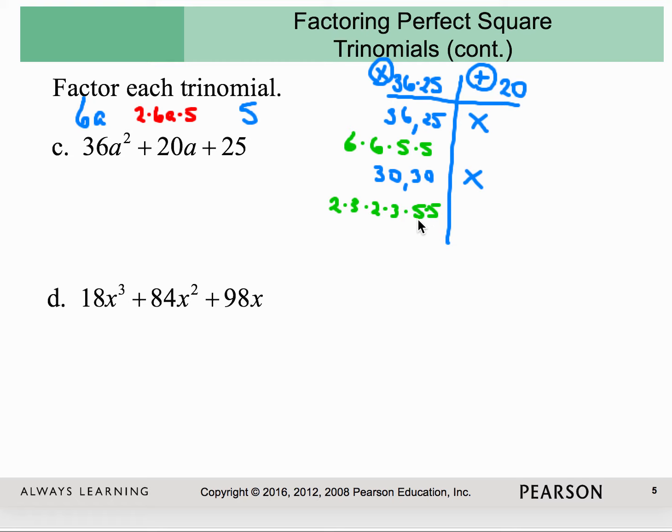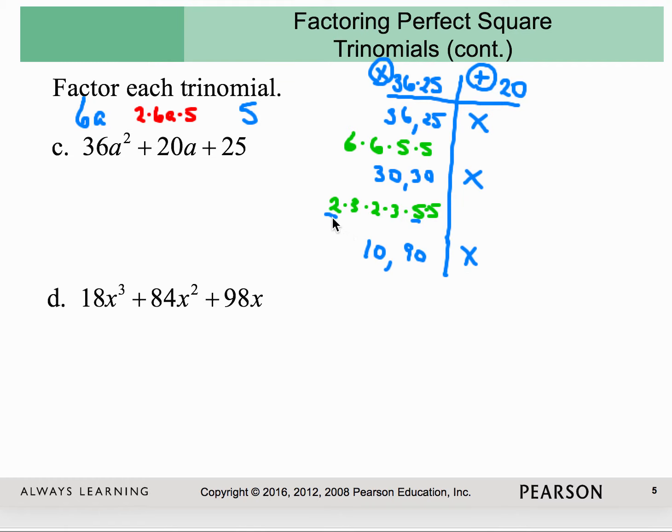Okay, let's try this. Maybe, let's see, let's do 10 times, okay, this would be 9 times 2 is 18 times 5, or 10 times 90. If I add those together, that's not 20, right?